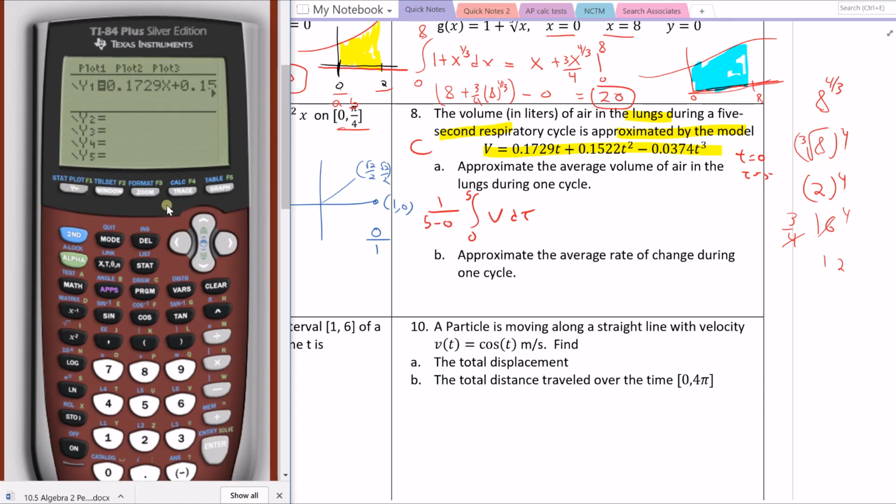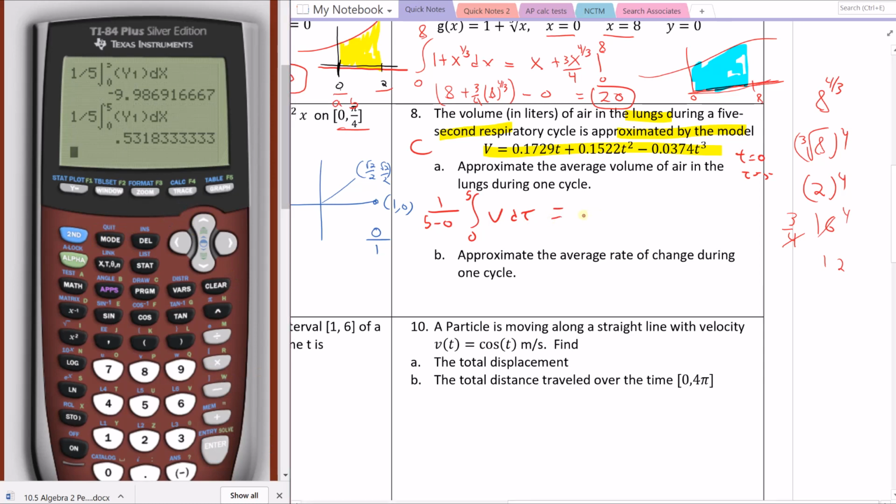That does not make any sense. So let's see, what did I do wrong? There's supposed to be an extra 0 right here. Always check to make sure what you're doing makes sense. There we go. So on average, we're getting 0.5318 or 0.532 liters in our lungs.